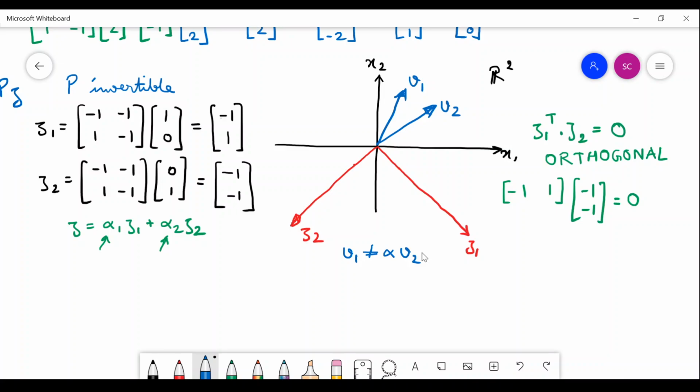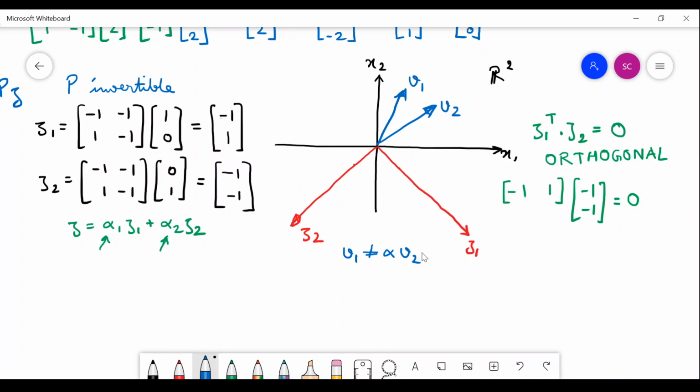Because we are not able to express one in terms of the other. That's why one is independent of the other, and the other is also independent of the former. So both are independent of each other.